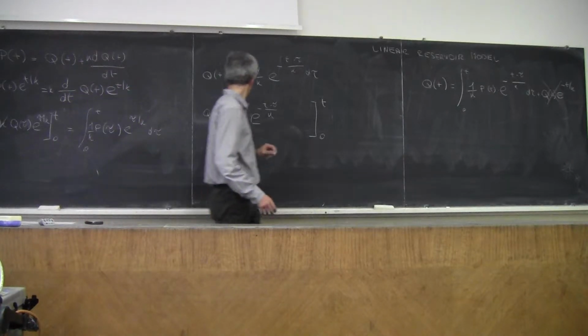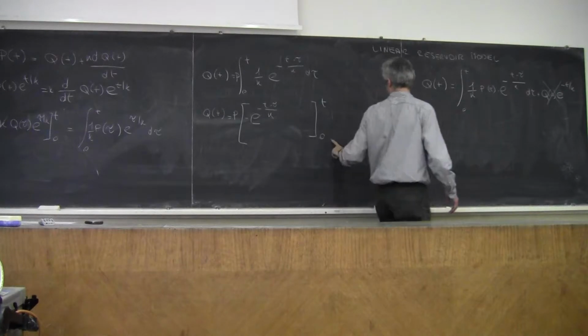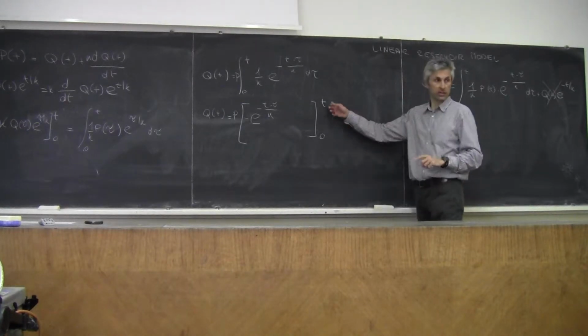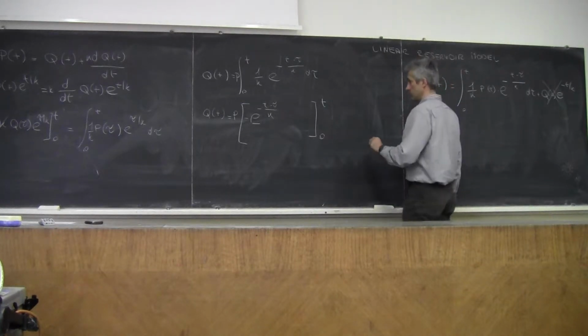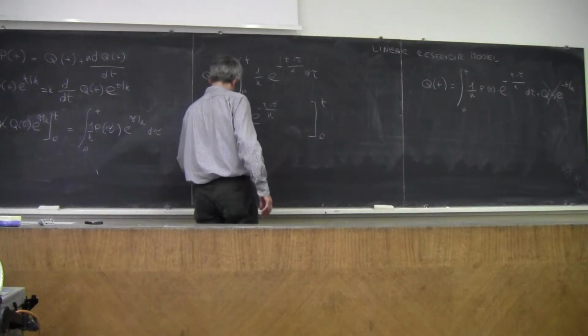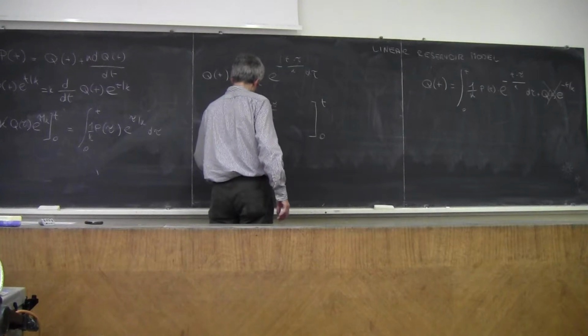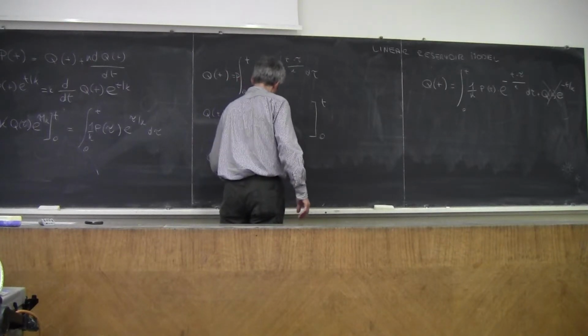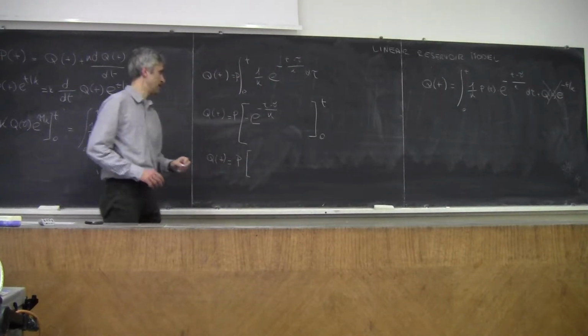Okay, so let's compute it at the extremes 0 and t. And basically Q(t) is equal to rainfall that multiplies.